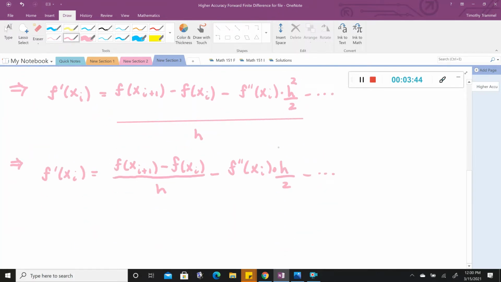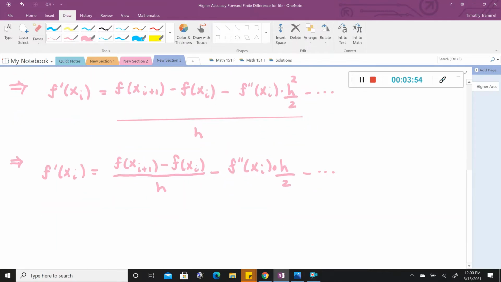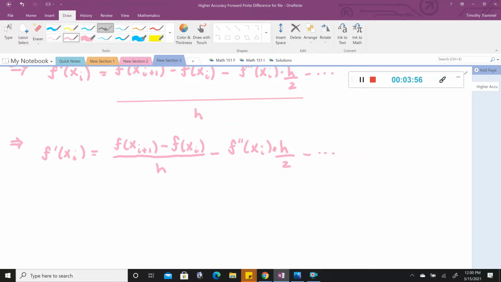Okay, let's move on here. So the next thing we're going to want to do is take our second derivative formula that we had gotten previously. Let's go ahead and write that down here.